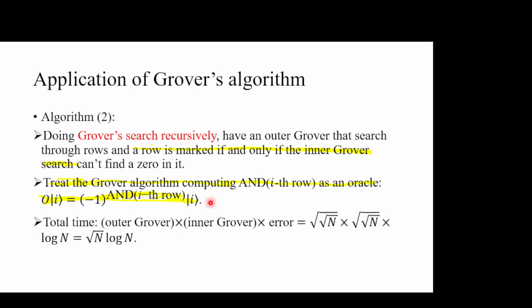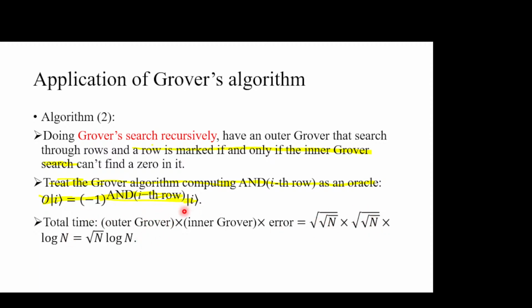With this, we can think about the total complexity of this algorithm. It is the query complexity of the outer algorithm, square root n, because there are n items, times how many inner oracle calls the outer algorithm needs to make.